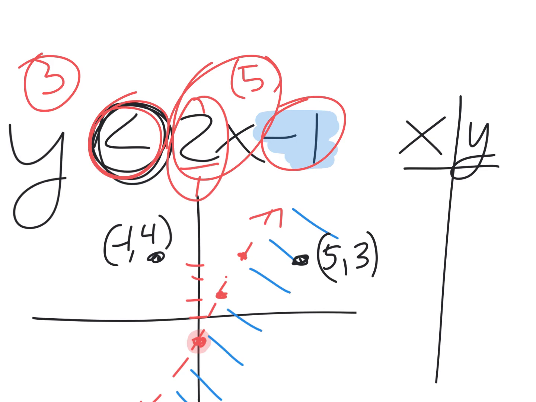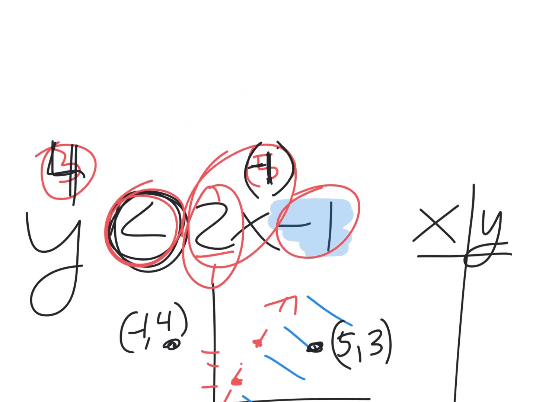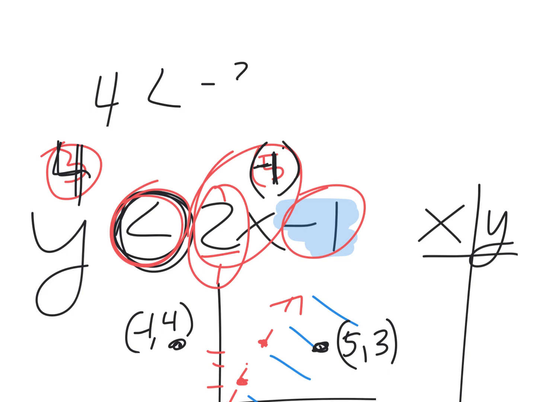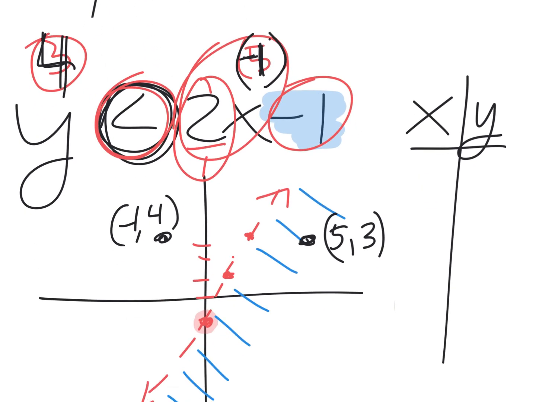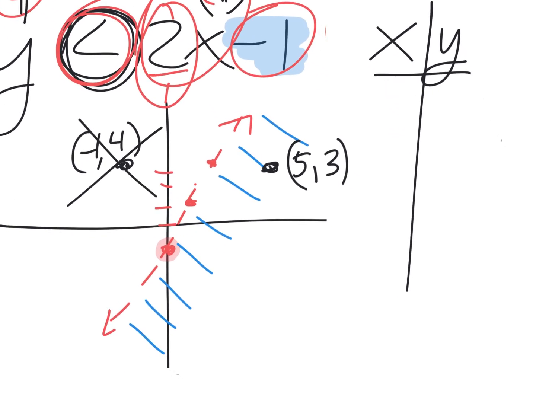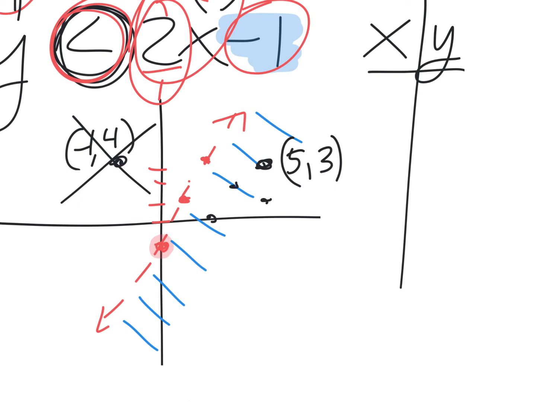Okay, so if I stick in x is -1 right here, and I stick in a 4 right here, it'll say that 4 is less than 2 times -1 minus 1, which is -3. Is 4 really less than -3? No, it's not. So these don't work. That's the point. All of these dots over here work. When you stick them in, they make it a true statement. Every one of the dots on this side of the line.